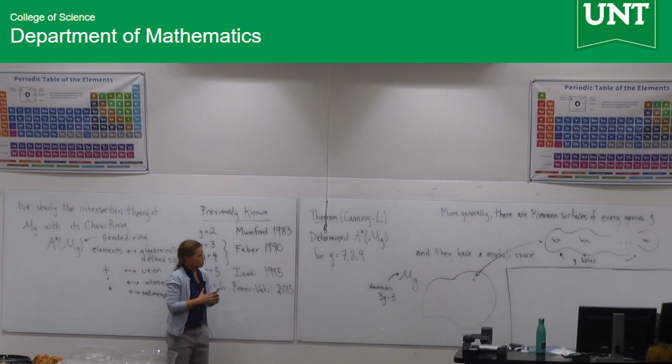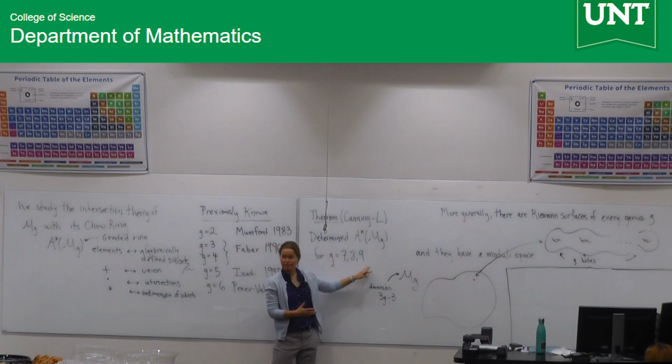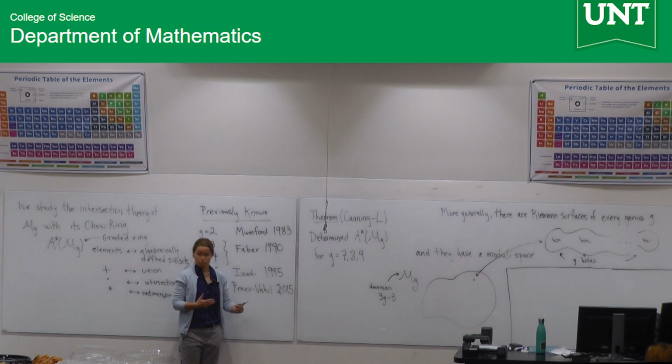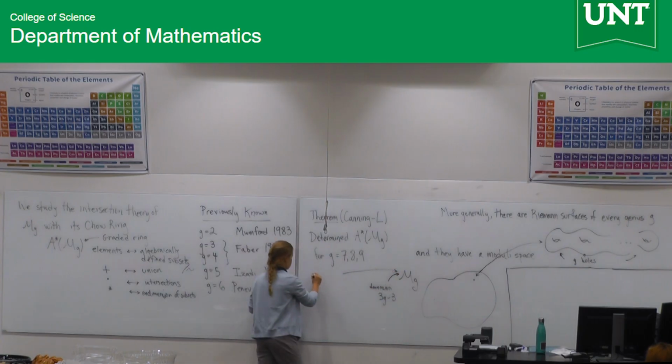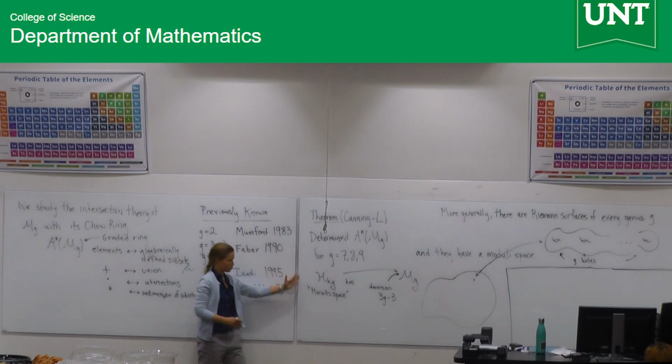Maybe one way to explain what we did here in genus 7, 8, and 9 is that we used a related moduli space. There's a moduli space called the Hurwitz space.